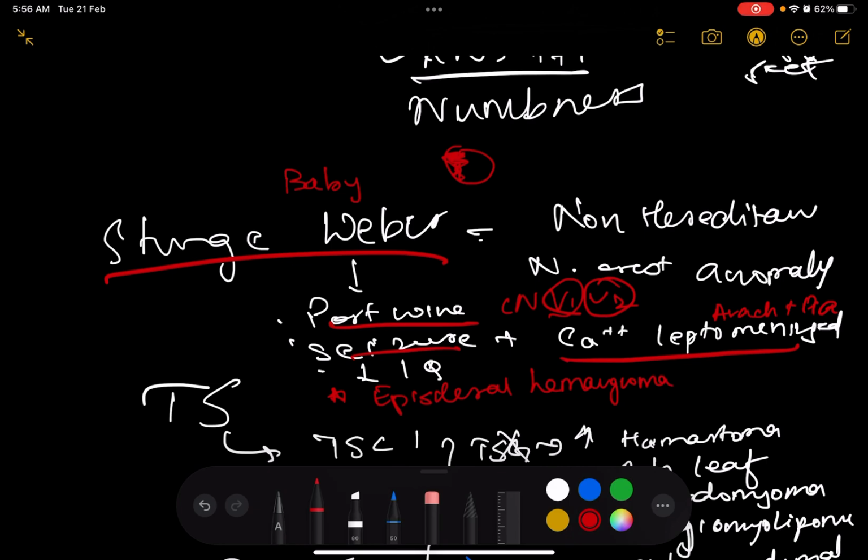The episcleral hemangioma would lead to glaucoma. How come?